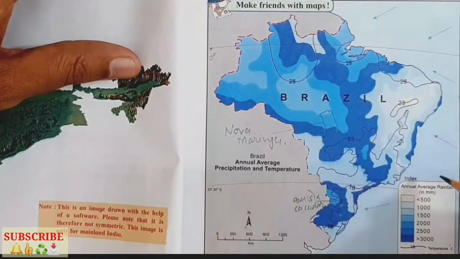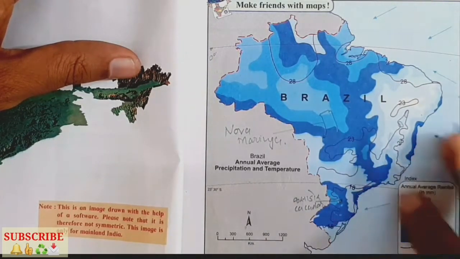Which zone? Tropical zone. Students, it is very important to understand the climatic condition, as I have told you earlier also. Now see, these blue arrows we can see here show the winds blowing towards Brazil.